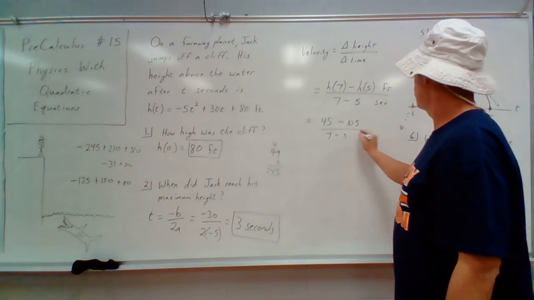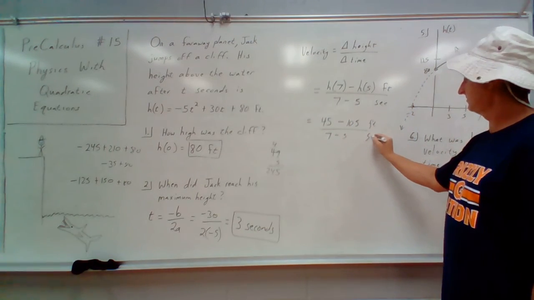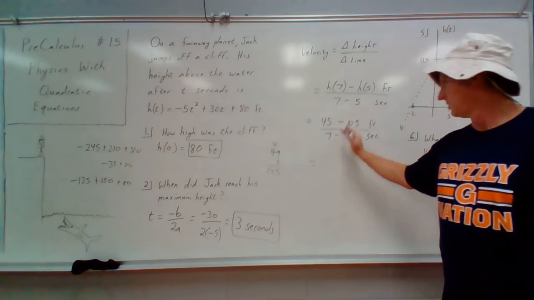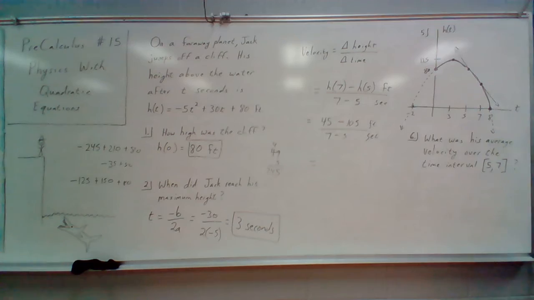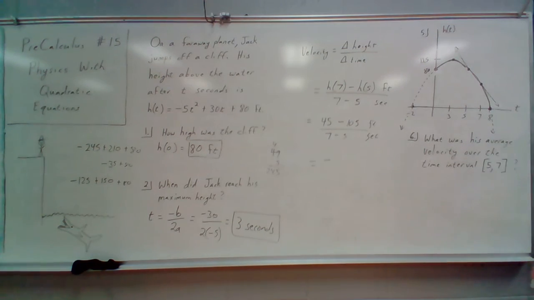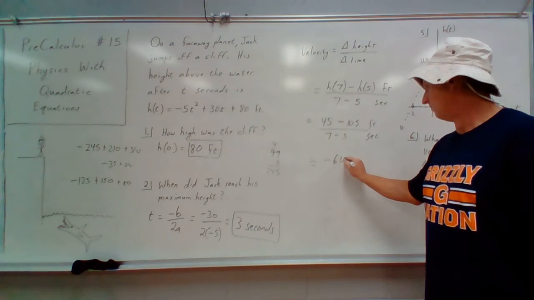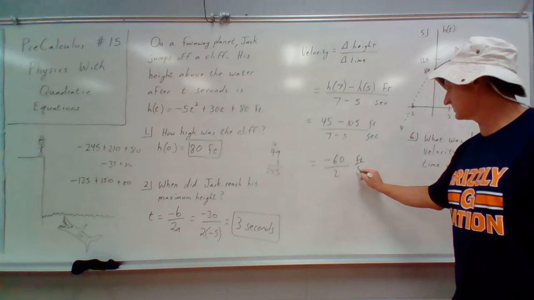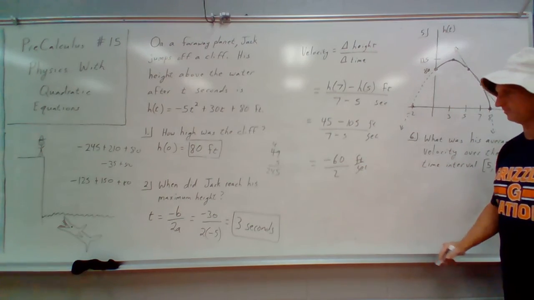And 7 minus 5. That's feet. That's seconds. 45 minus 105 is negative 60. And 7 minus 5 is 2. My units are feet per second.